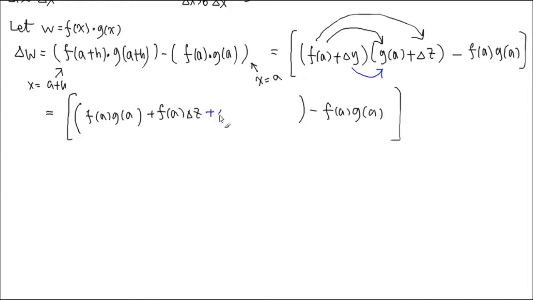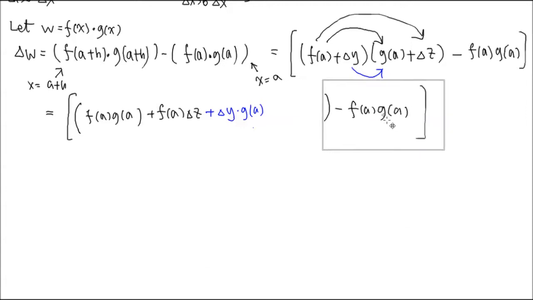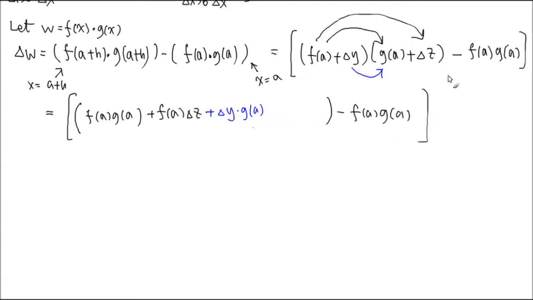Plus delta y times g of a. How about the last guy? And then delta y times delta z, right? Delta y times delta z.